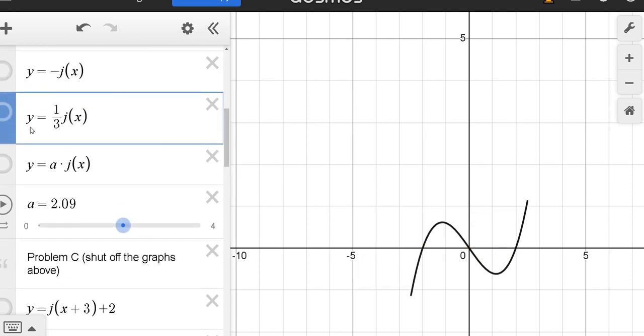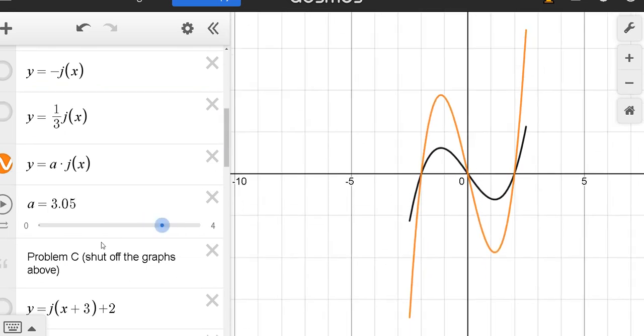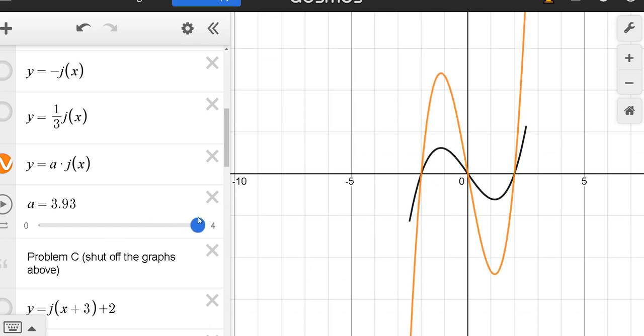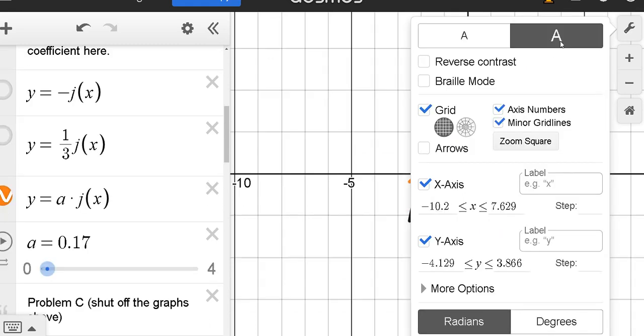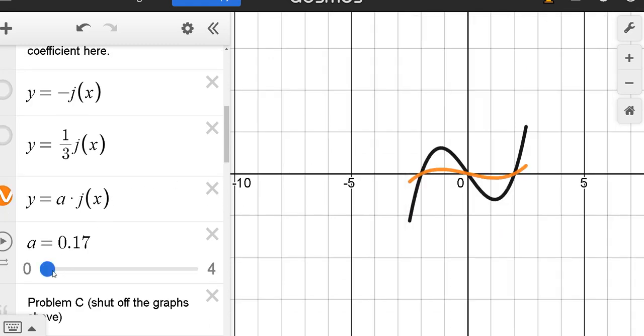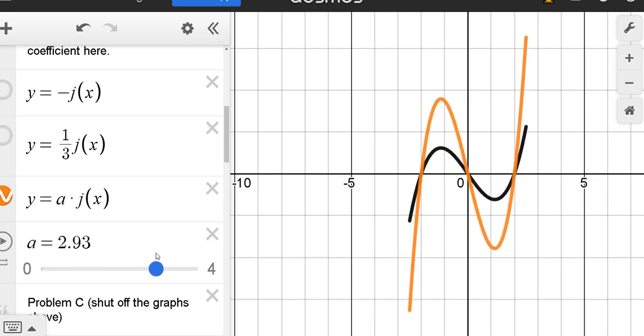If you turn on this graph and start playing around with the slider, for values of a that are greater than 1, it's going to stretch the graph away from the x-axis. Once you get between 0 and 1, it's going to shrink the graph. So depending on the size of that coefficient, it's going to do one of two things: stretch it or shrink it.